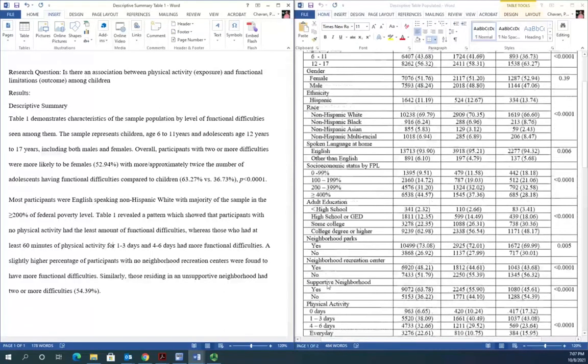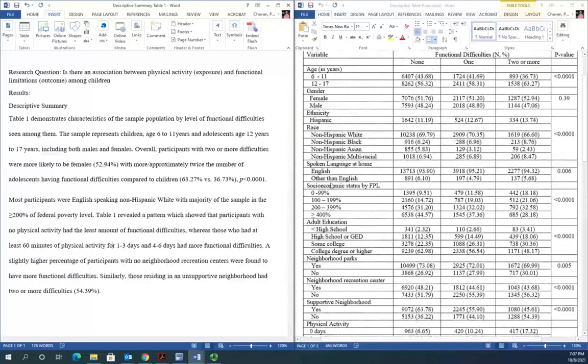So is it important that we have to describe each and every variable that we are including in this table? The answer is no. We cannot possibly describe each and every variable, because then that will make the paper very long. And whenever we are submitting any kind of scientific paper, the scientific papers have some word limitations.